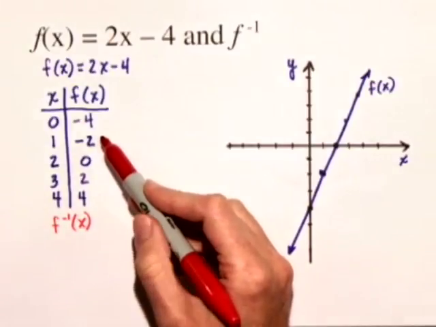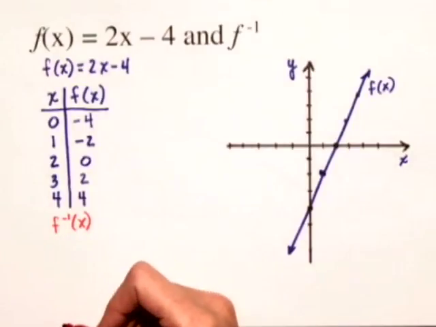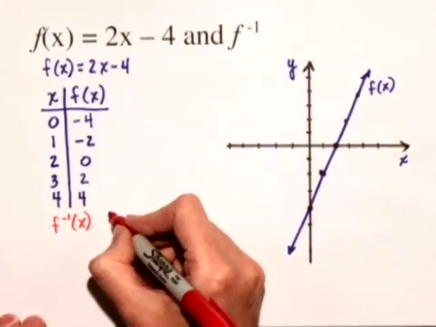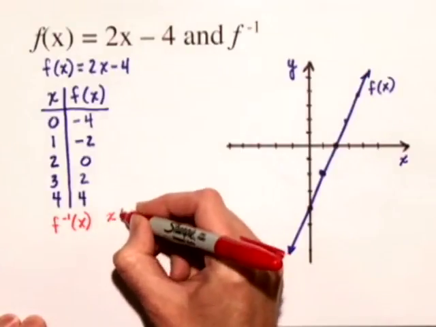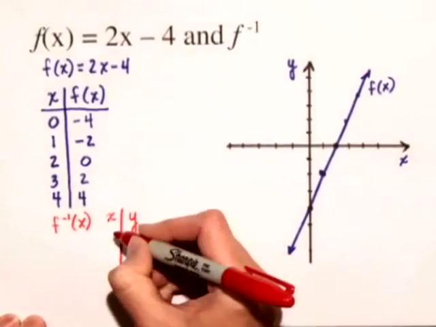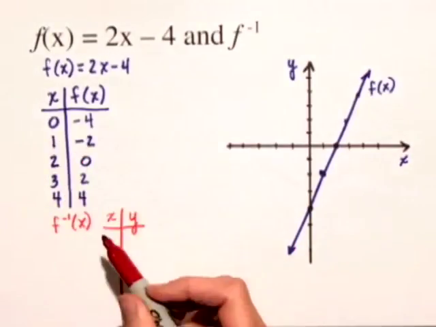And the range, or the output values for the original function, become the domain for the inverse function. Let me show you in a chart. Let me go ahead and put the x and y coordinates for the inverse function right here. So we're simply going to switch the x and the y values.